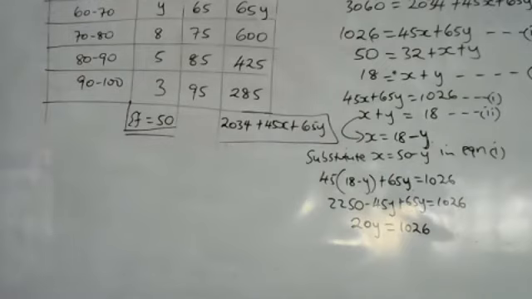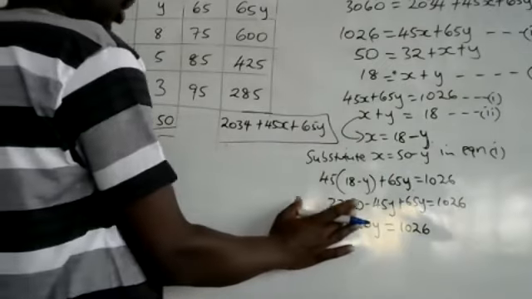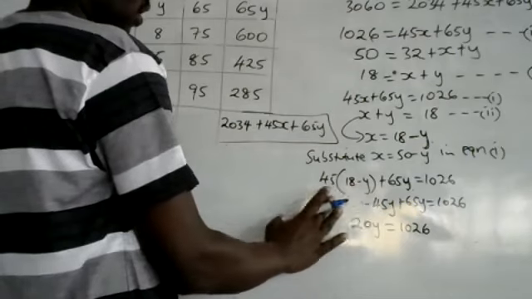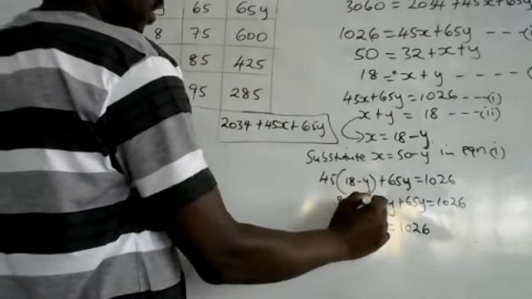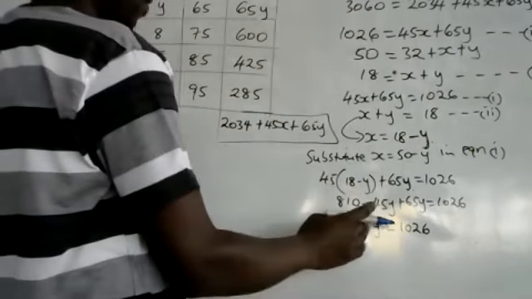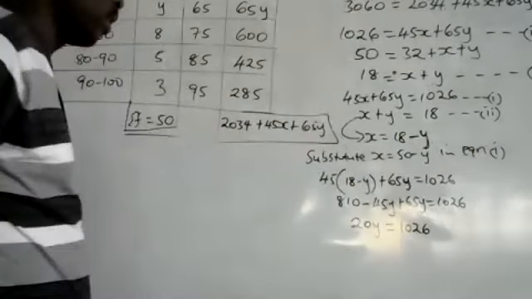Therefore, this is 18. So we are supposed to get 45 times 18, which is 810, minus 45y.